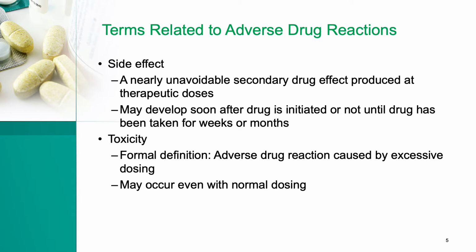Although drug toxicity may result when a medication dose is too high, it can also happen because a person's ability to metabolize a drug changes over time due to changes in kidney or liver function, a change in health status, or an addition of another drug that changes the first drug's metabolism.